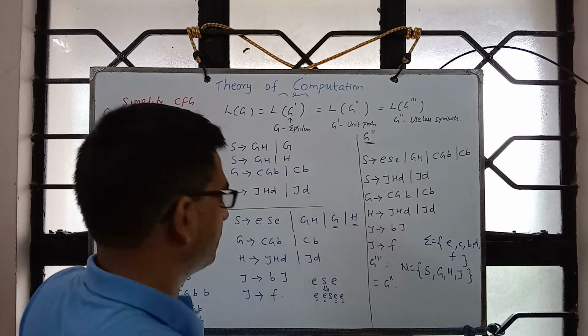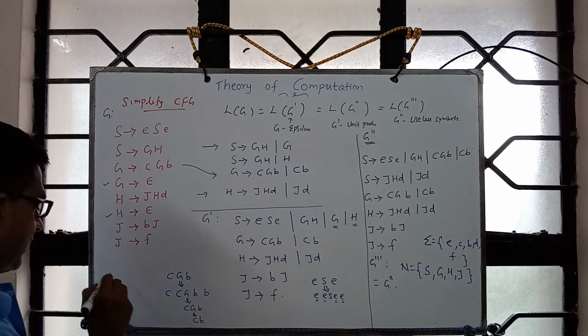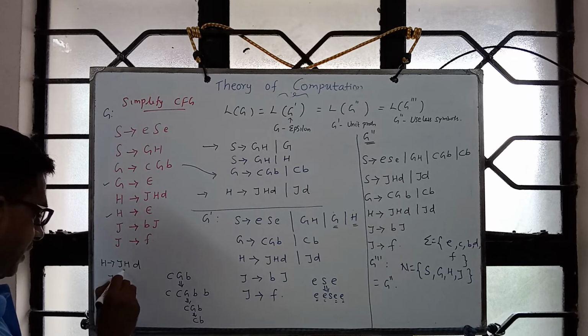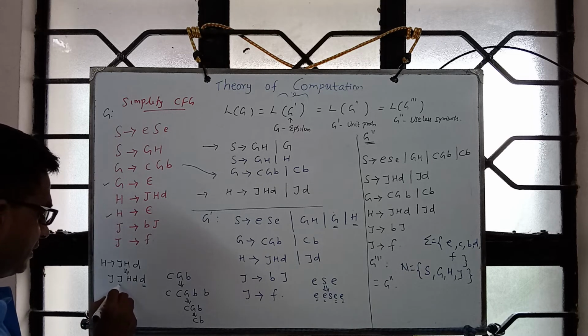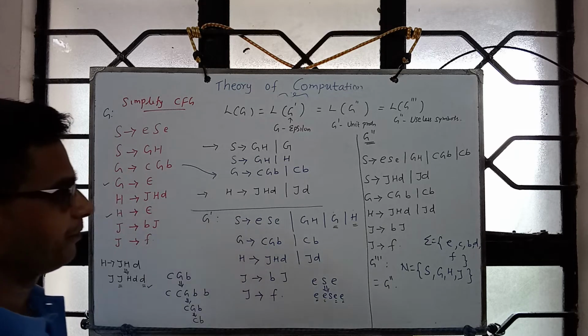Let's look at H. Like these two, H says H implies JHD. Again, this can be replaced as JHDD, which means for every non-terminal J, a corresponding terminal D is generated.